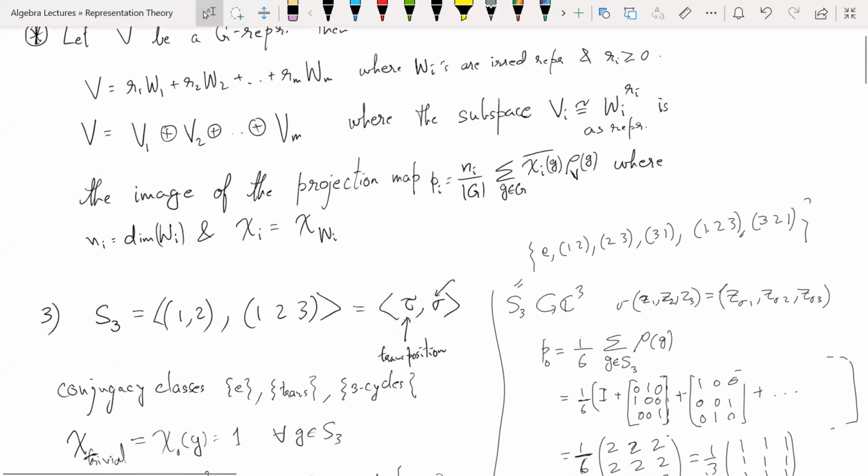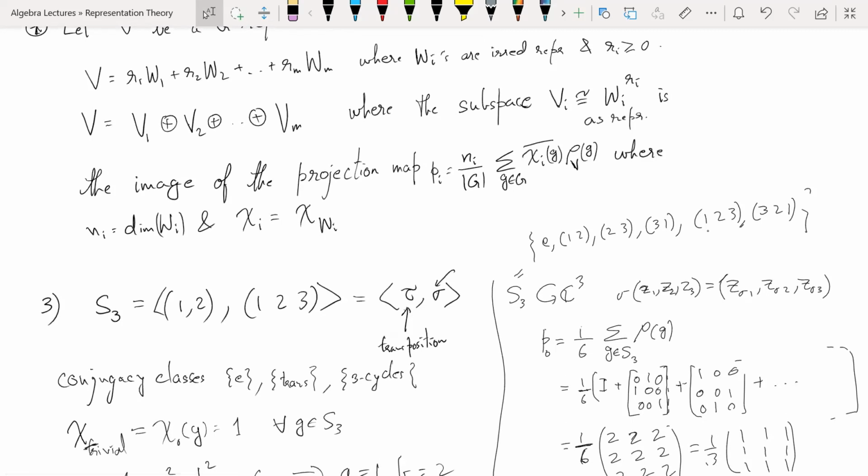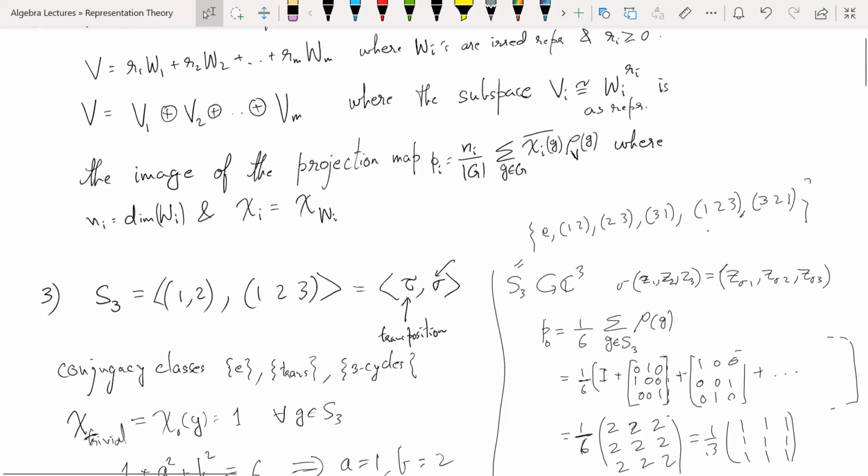There is a computational result proved in Serre which tells you one way to do the decomposition. I'm not going through that result, but I highly recommend you read it, because it's a good computational tool, and it will help you if you want to do actual computations in future.